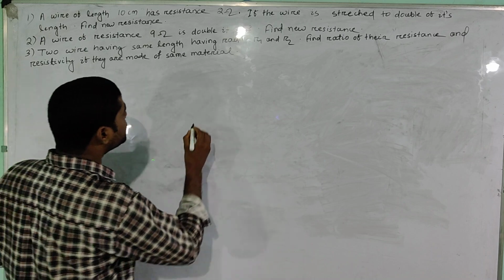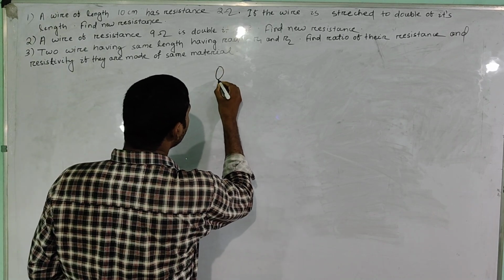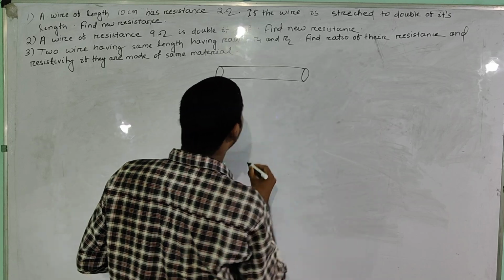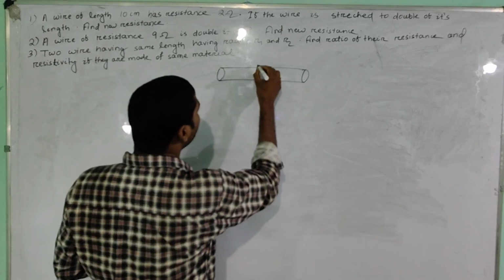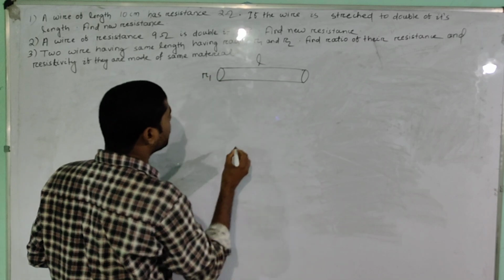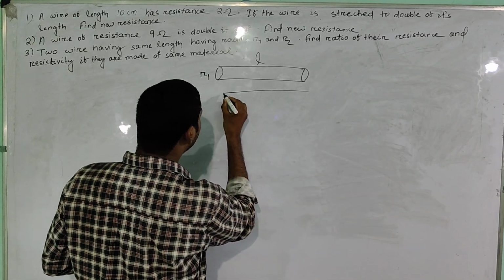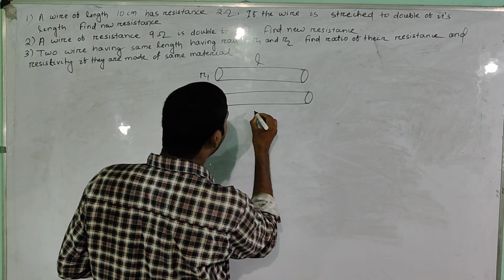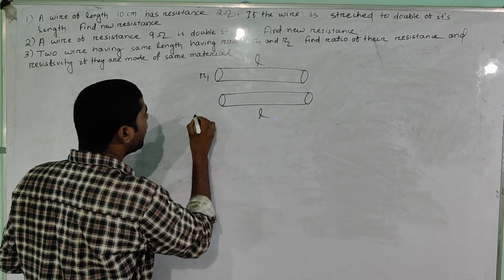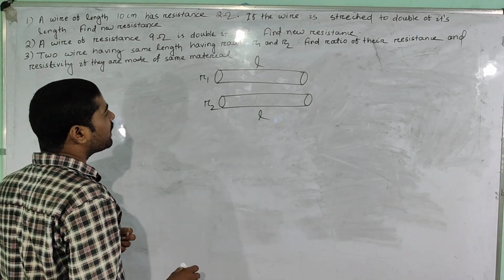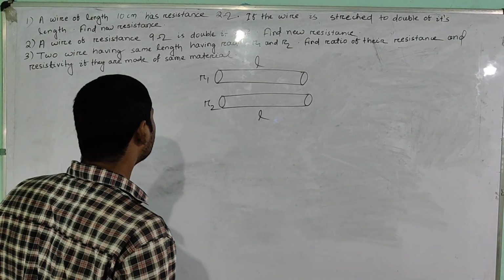Okay, let us consider this is the first wire, in which the length of this wire is L and the radius is R1. Let us consider this is the second wire. It also has length L and radius R2.